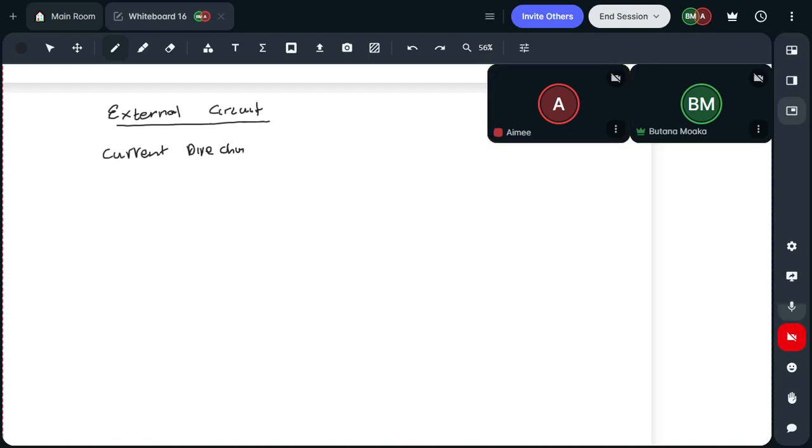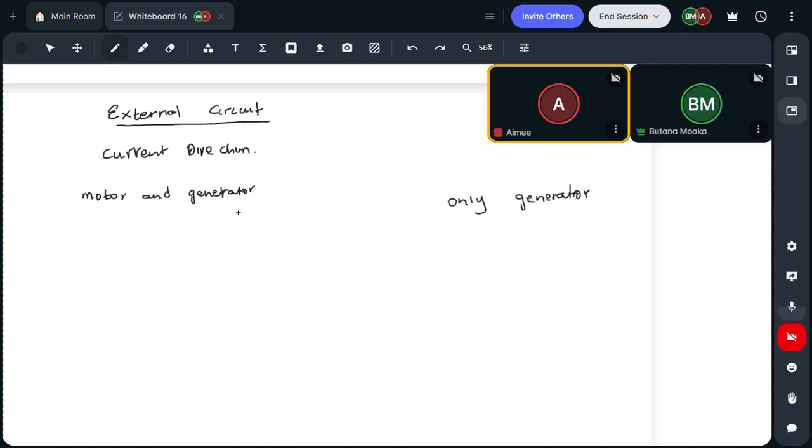That's what we're going to look at now. Remember, we're going to have motor and generator, and then let's say this is for motor and generator. And then we're going to have only generator.